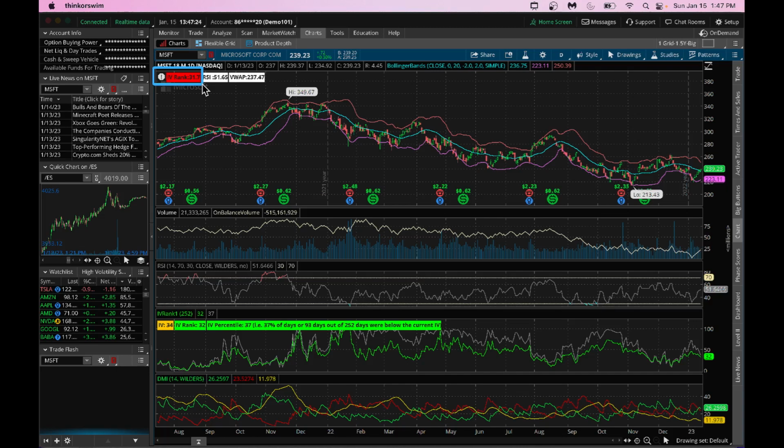The Thinkorswim platform uses Black-Scholes, and that's why IV rank is 31.7. You could see here I've got IV rank and IV percentile, both charted over here. IV rank is 32 and IV percentile is 34.